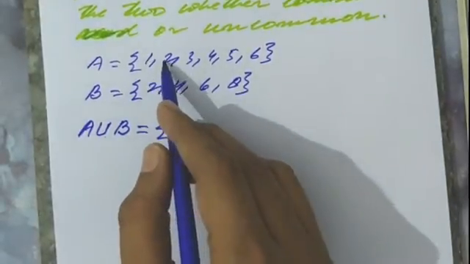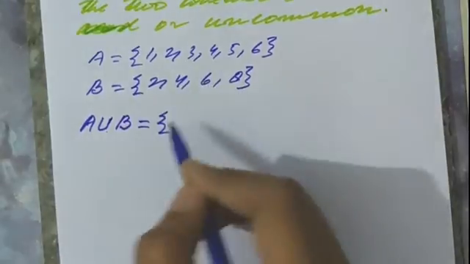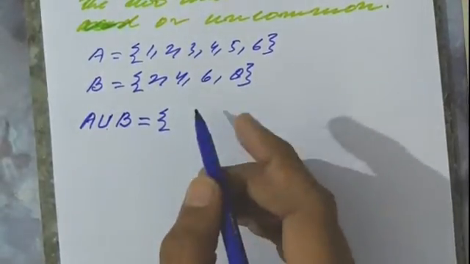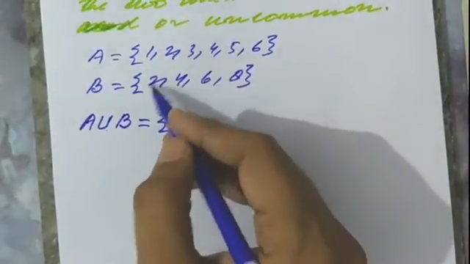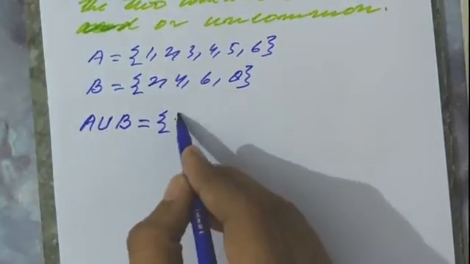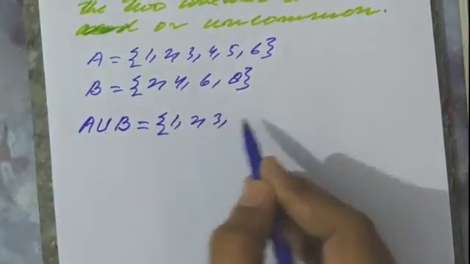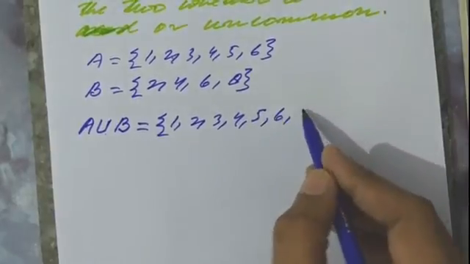So 1, 2, 3, 4, 5, 6, 2, 4, 6, 8. All the elements of both of them, provided no element should be repeated. For example, if 2 is common between these two sets, 2 is written only once, not twice. So 1, 2, 3, 4, 5, 6, 8.